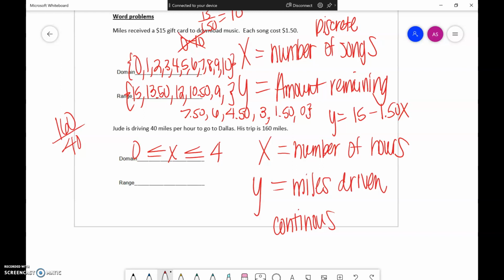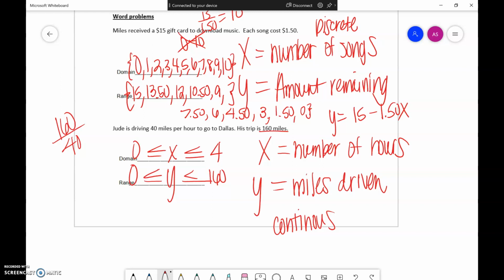So when I'm talking about my miles driven, we know the total was 160. That was when he made it to Dallas. So before he drove, he was at 0 miles driven. That still was when he was in his driveway. Okay, it's going to be Y because this is range, and I'm going to have the equal to.